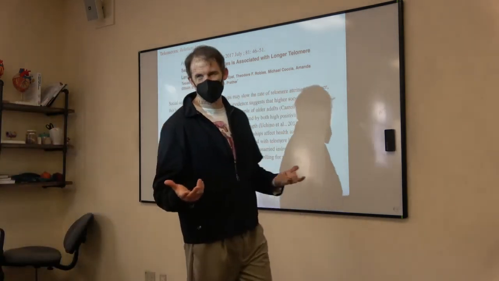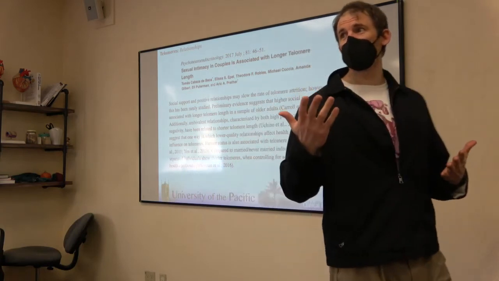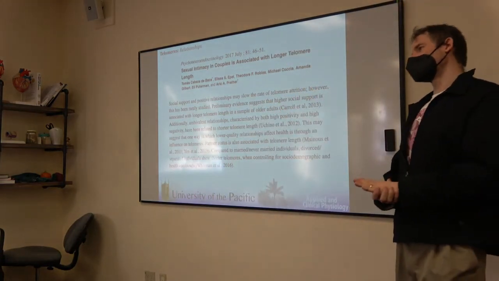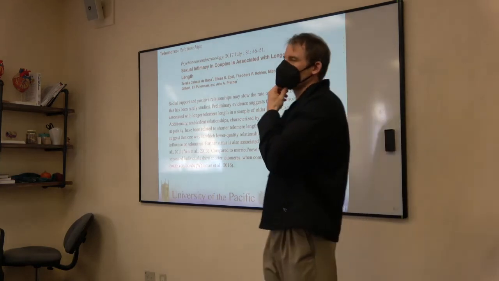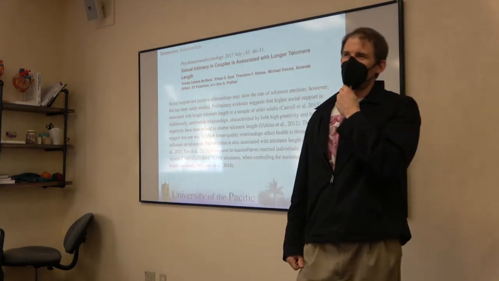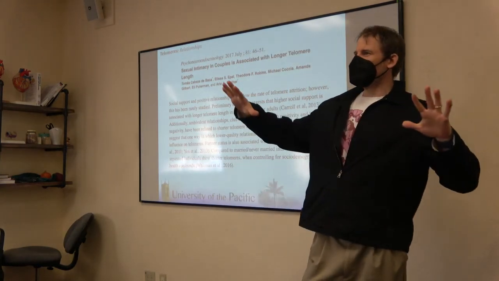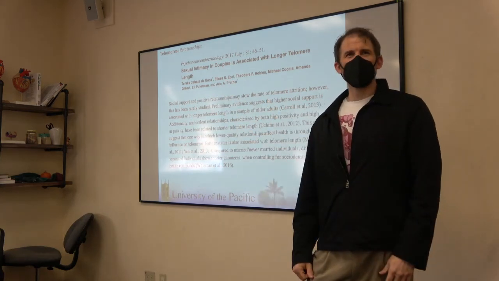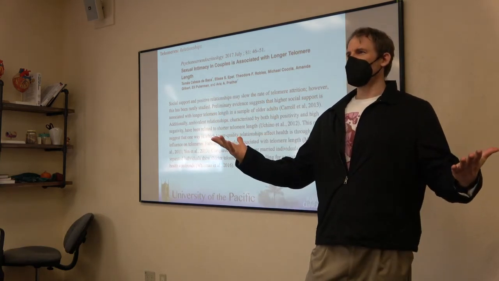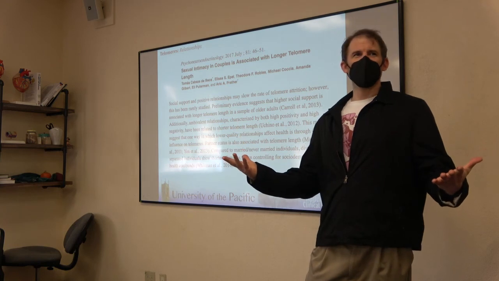Social relationships, right? As people age, social health becomes really important. Have you ever had a grandpa or grandma who lived alone for a while and got super weird, and then they found somebody again and they unweirded themselves and became normal again?